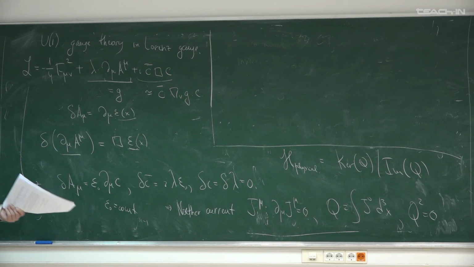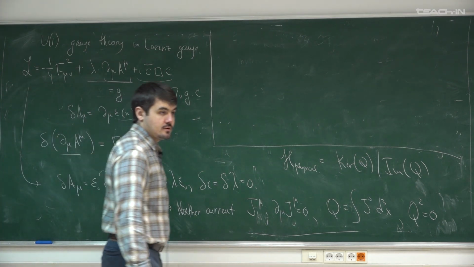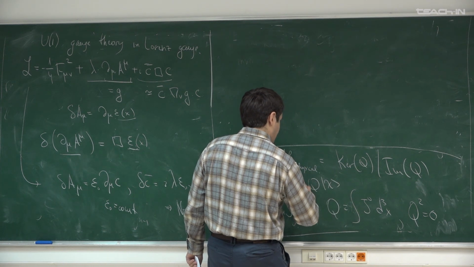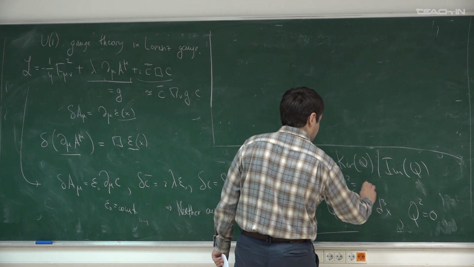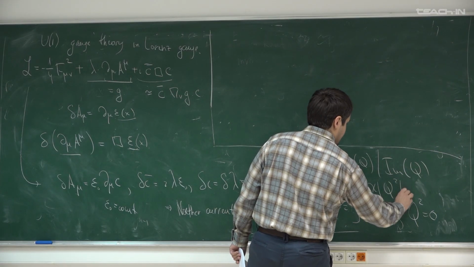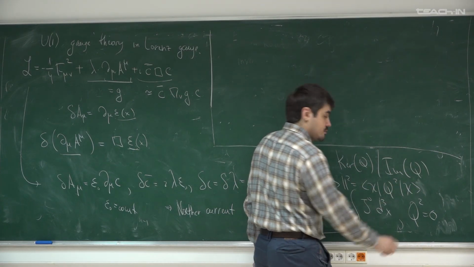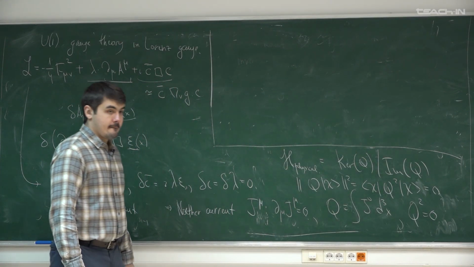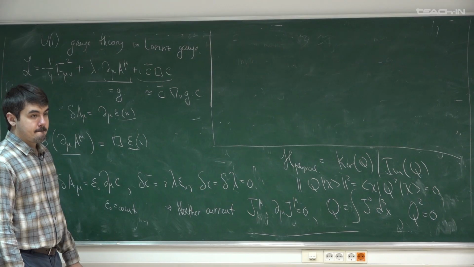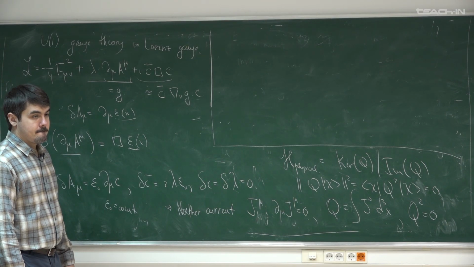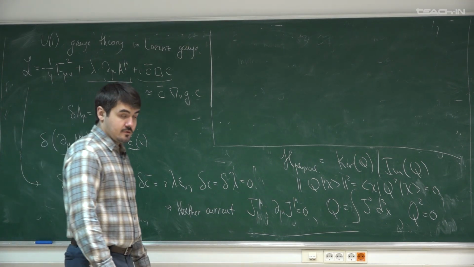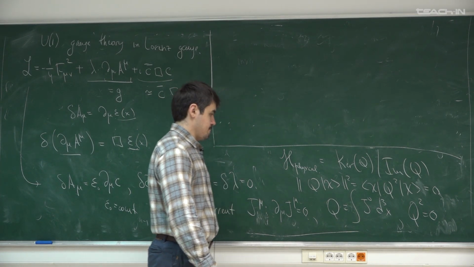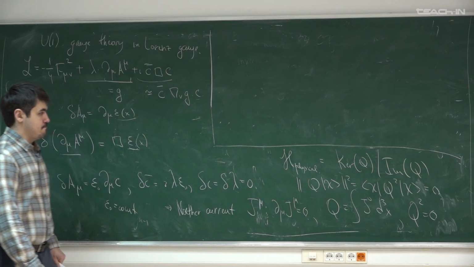So the states in the image of Q are necessarily of zero norm, right? Because the norm of Q chi squared is chi Q squared chi. Because it's nilpotent, this is zero. Yeah, that's right.